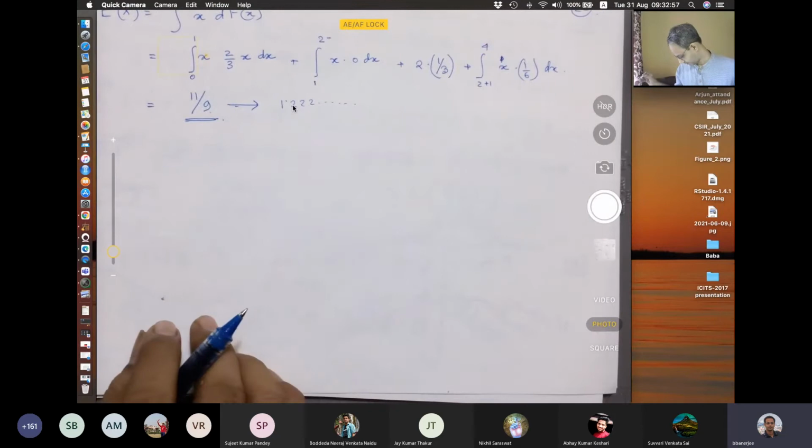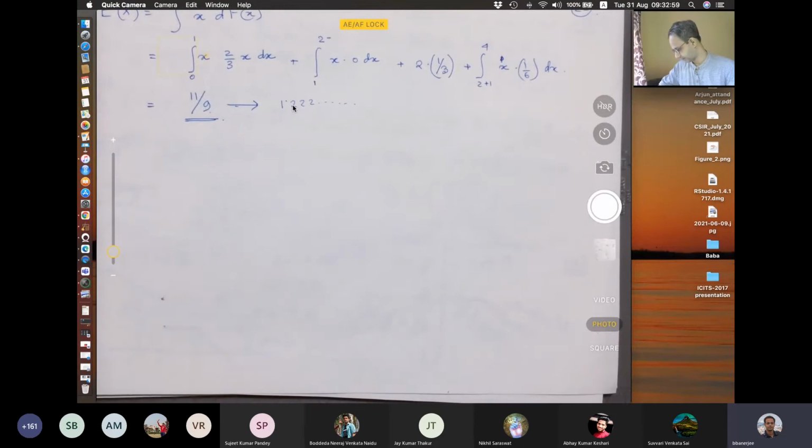Okay, another interesting example. This is a problem from GATE.